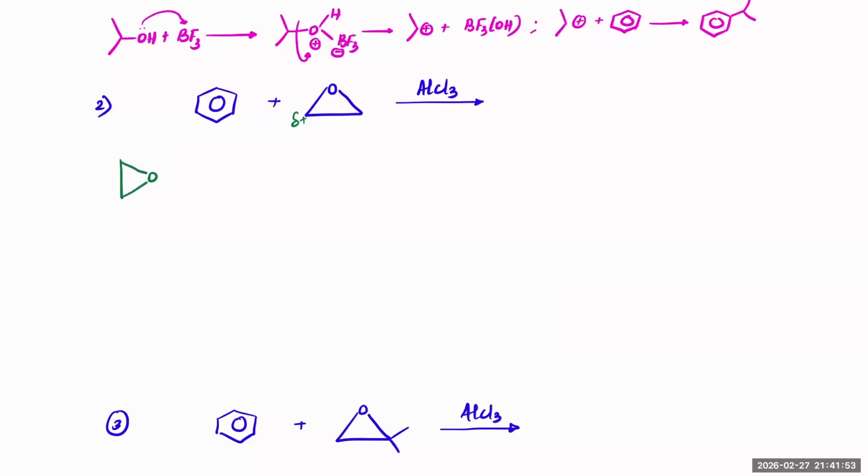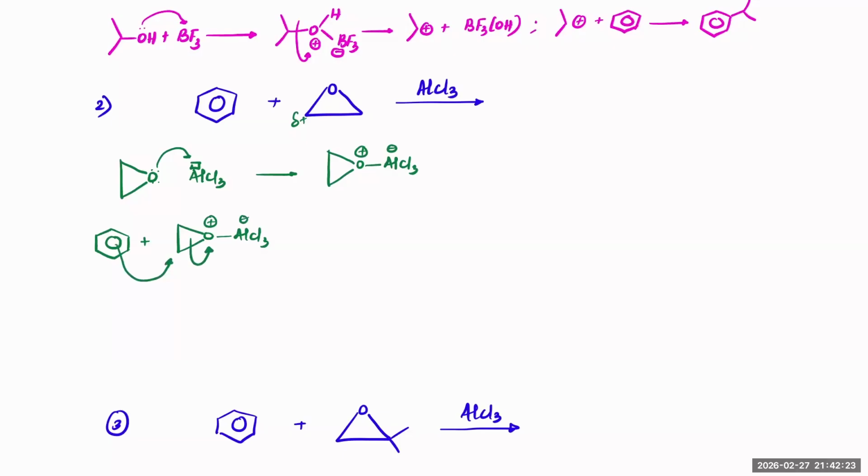So if you have an epoxide and you react this with AlCl3, a Lewis acid, the lone pair from here will attack and convert this into O with AlCl3 minus and plus. This is the electrophilic part. So benzene will attack on that position like this. As benzene attacks here, the bond will break on this side.